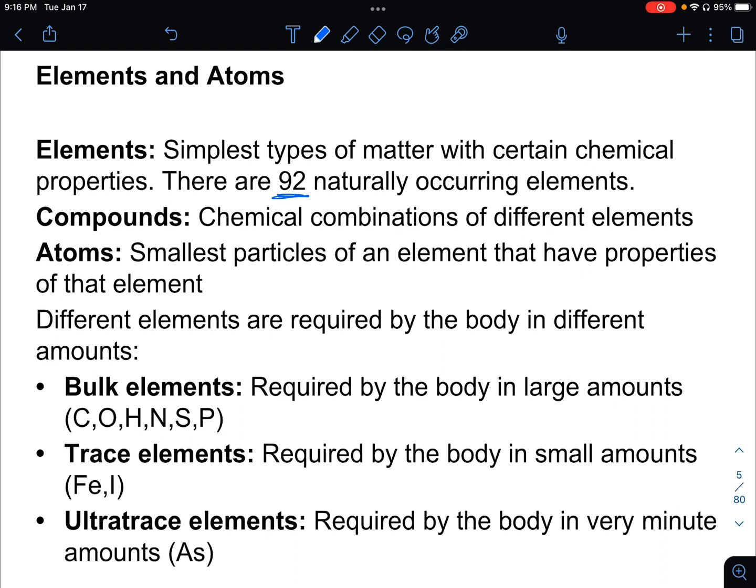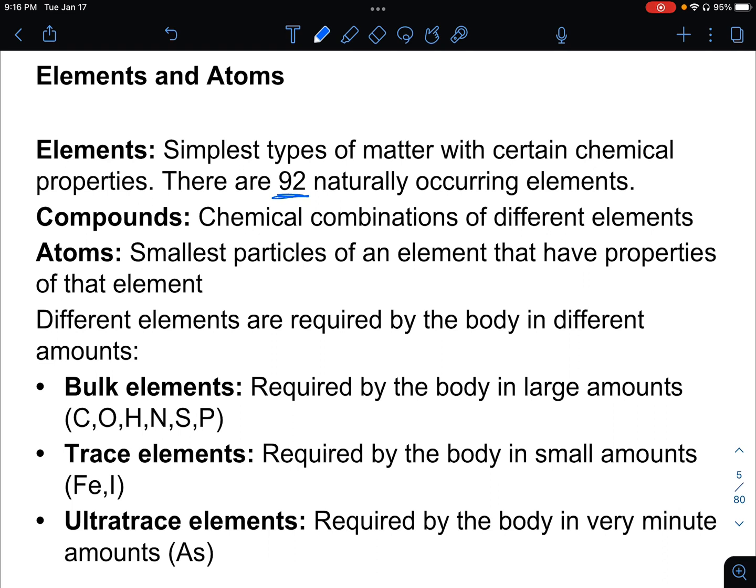From 93 and above, those are going to be synthetically created elements, so not naturally occurring. They were made in a lab. But remember, from hydrogen up to iron are the only ones that can be created in the center of a star in those fusion reactions, because iron is too heavy to be able to be fused with something else.